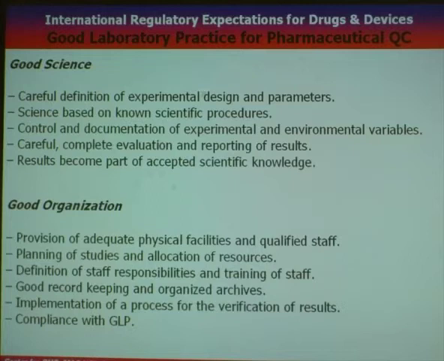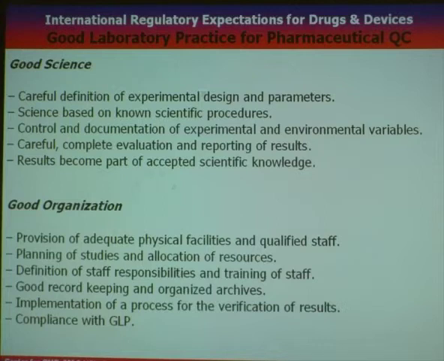It has two elements. One is the good science part of it and the other is the good organization part of it. In the good science, you have careful definition of experimental design and parameters, science based on known scientific procedures, control and documentation of experimental and environmental variables, careful, complete evaluation and reporting of results.